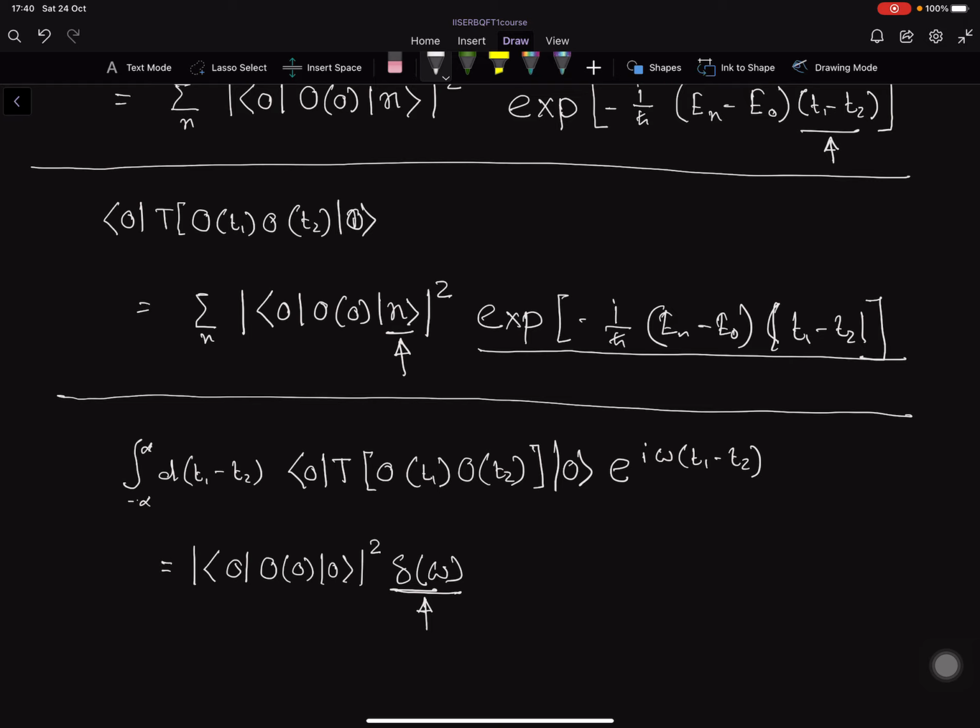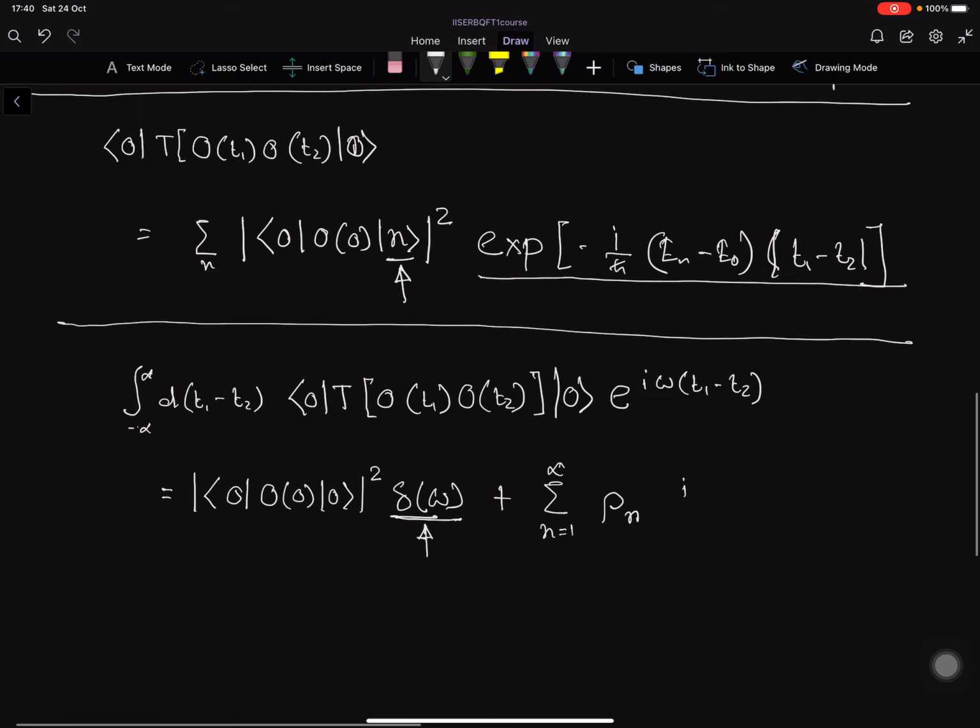And then the rest of it is the sum over n equal to 1 to infinity of rho n, plus i epsilon, where rho n is given by this quantity.